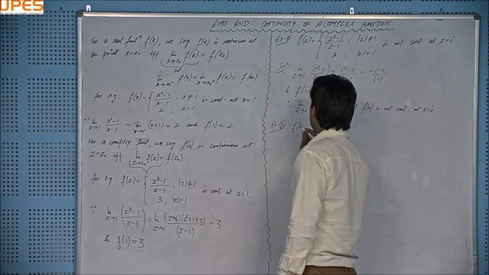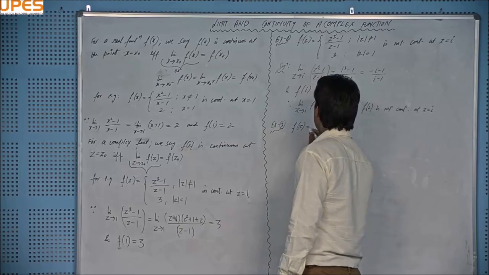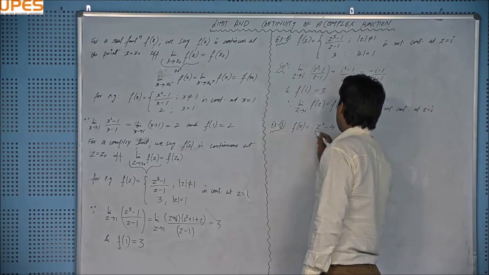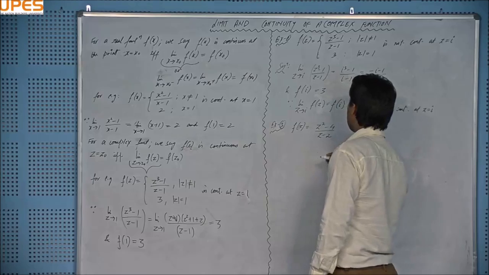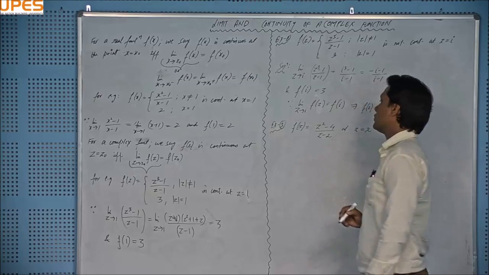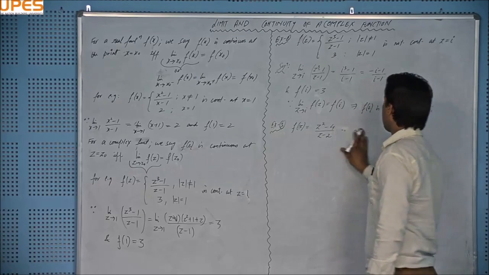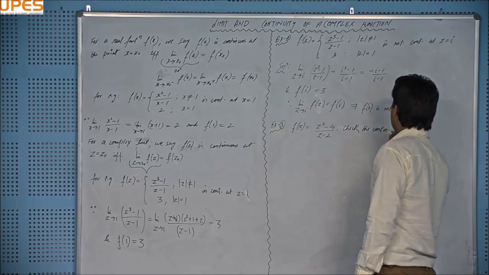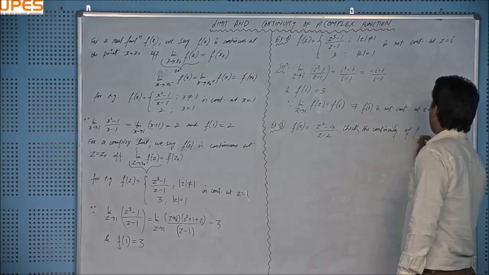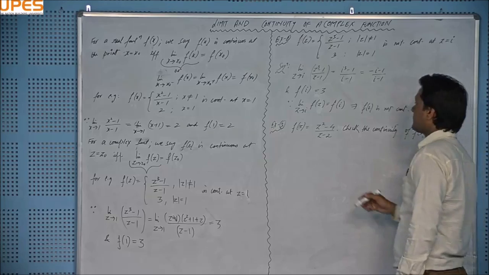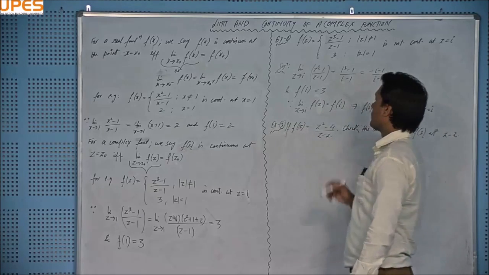If f(z) is defined as (z square minus 4) over (z minus 2), at z equal to 2, check the continuity of f(z) at z equal to 2.